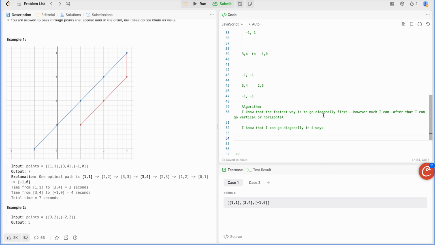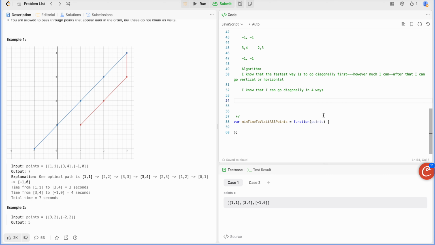So after that, if I want to go from any point x1 y1 to x2 y2, then what I need to do is see if x2 is greater than x1.